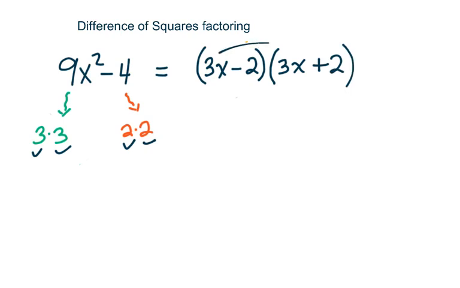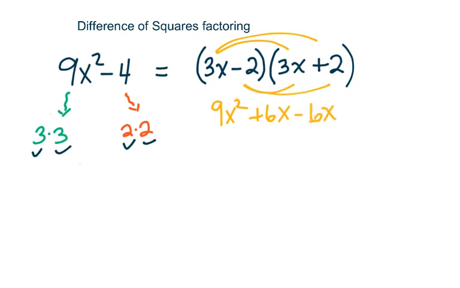Again, convince yourself. Do check your answer by using the distributive method. We'll get 9x squared plus 6x minus 6x. And that's really the secret right there. Minus 4. And again, I said that's the secret because these terms right here, plus 6 and minus 6, they're just going to equal 0.